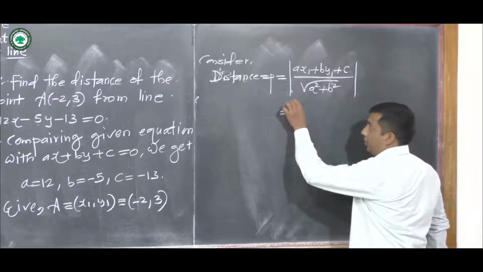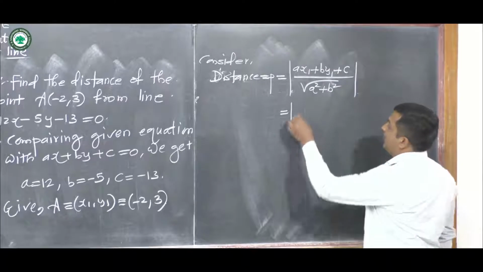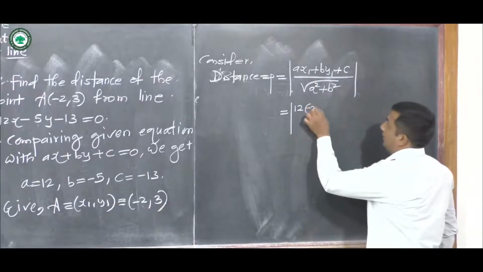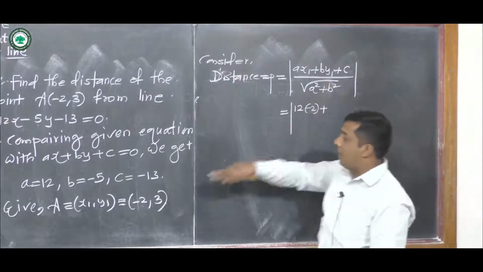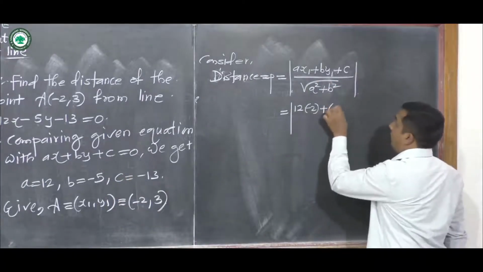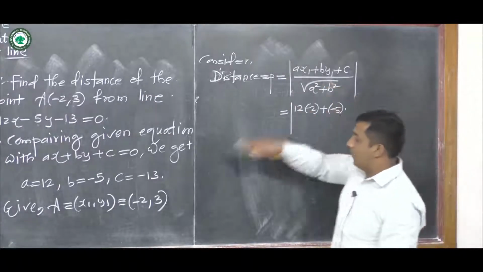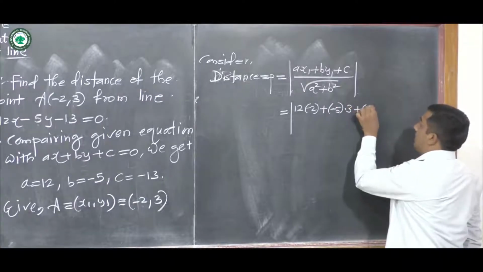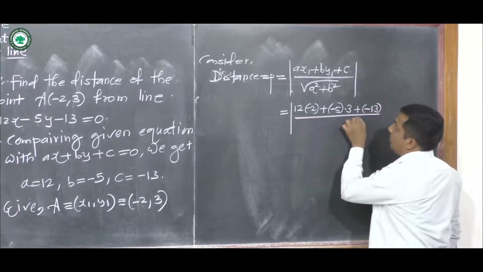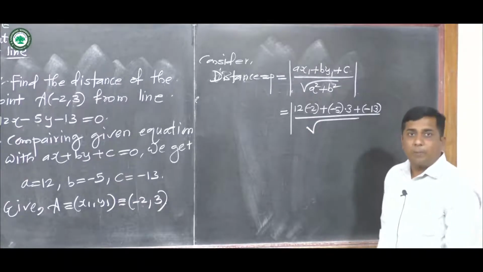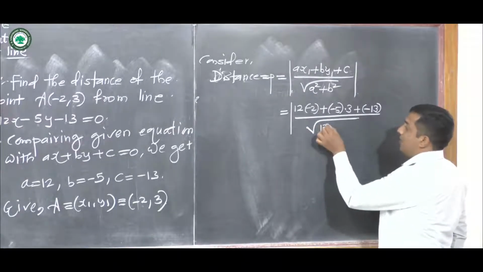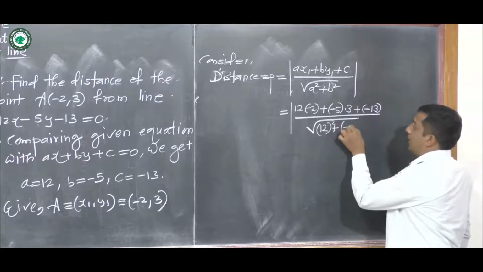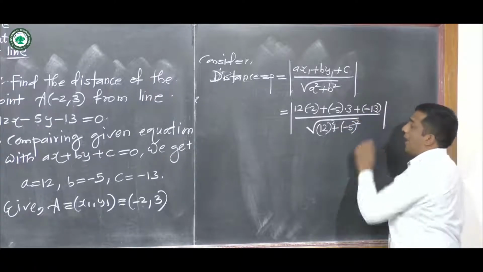So this is equal to, inside the mod, we know a is 12 into x1, we know x1 is -2, then plus b, we know b is -5, into y1, y1 is 3, and in last plus c, we know c is -13, and this divided by square root of a square plus b square. We know a is 12, so 12 square plus b is -5, so -5 square.